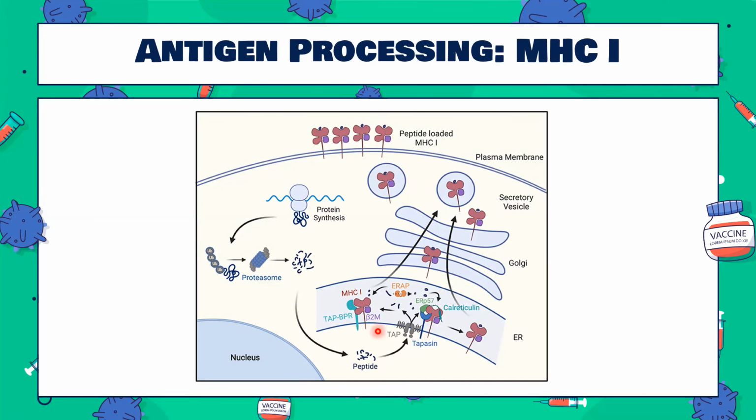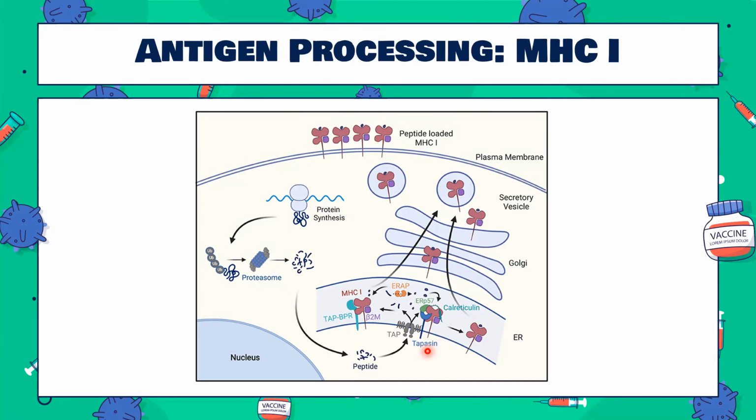Those chaperone proteins are also super important because they hide the antigenic portion of this MHC, or where the antigen is supposed to bind. The very important ones for you guys to know are ERP57 and tapasin.